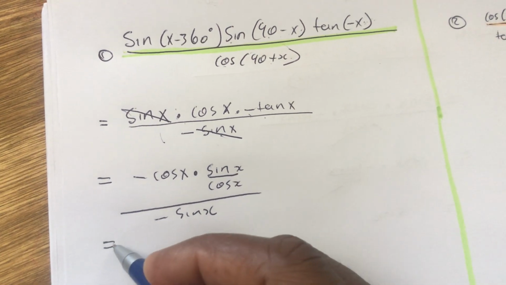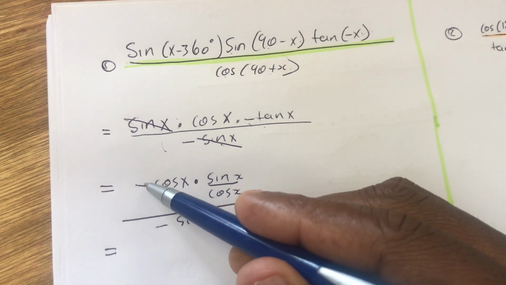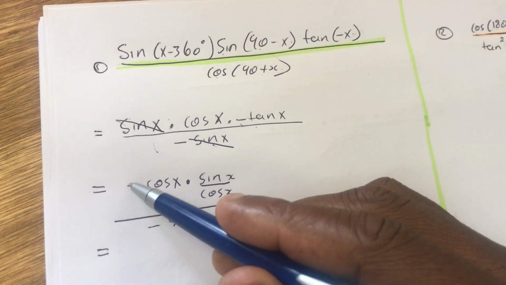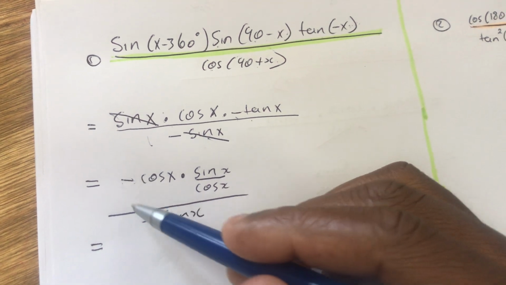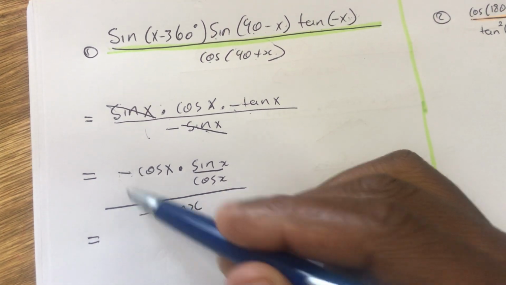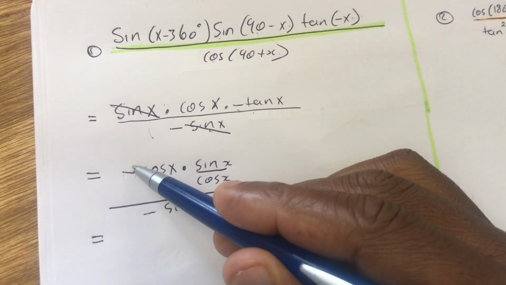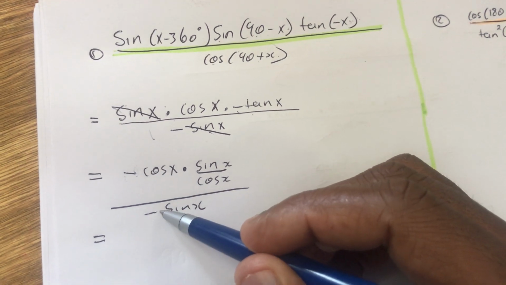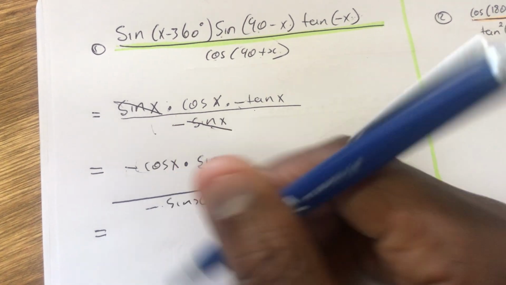So now you know that any negative value divided by any negative value, you are getting a positive. Okay, so negative divided by negative is positive, so you cancel these two.